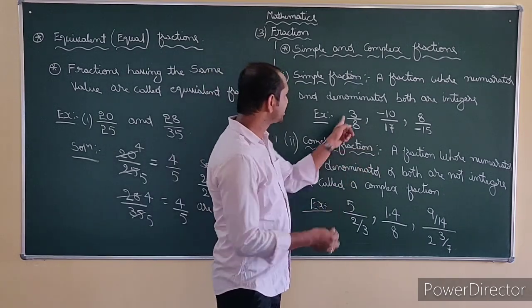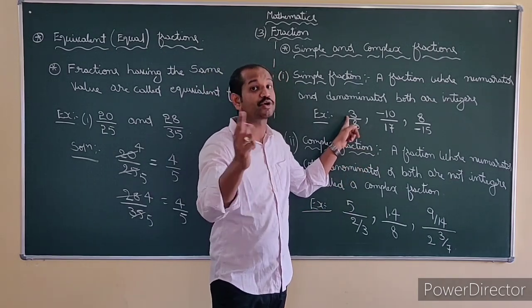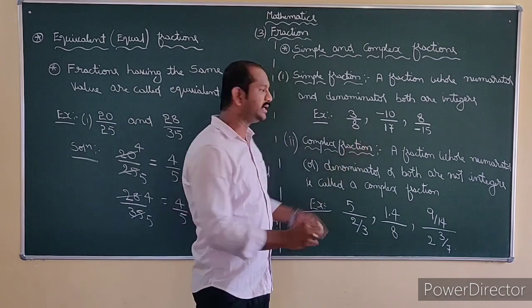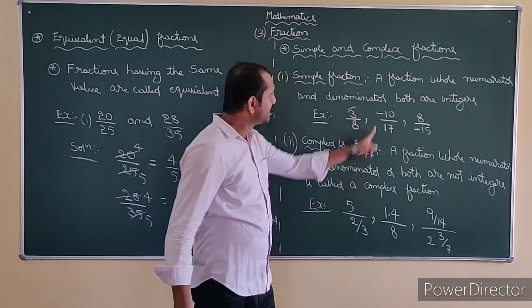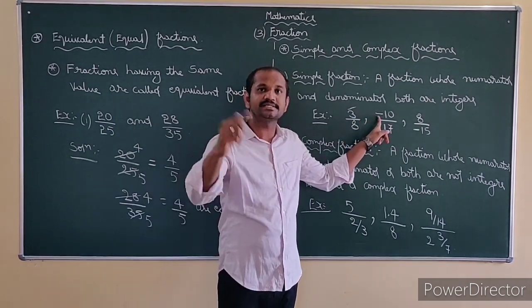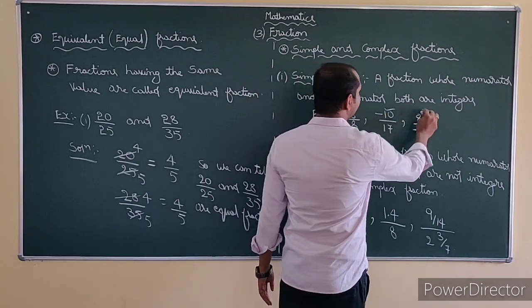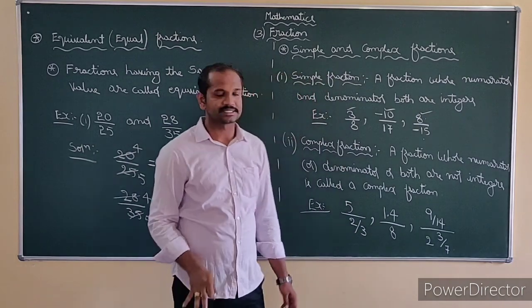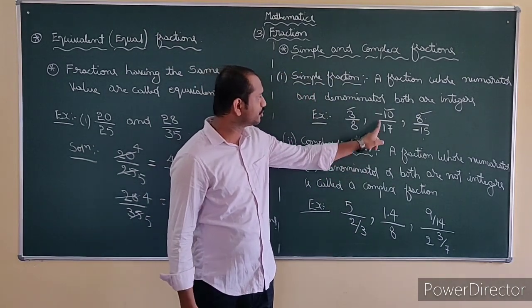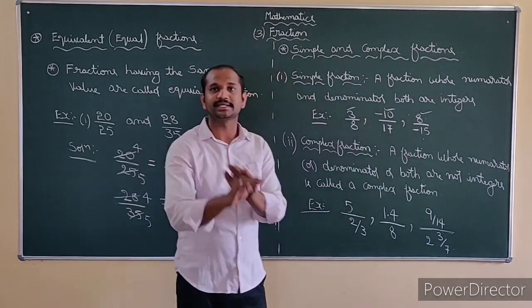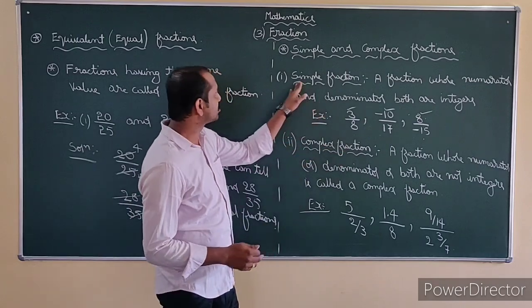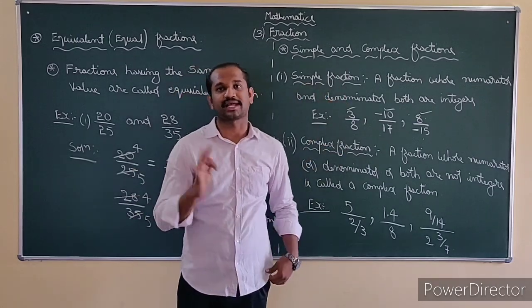See example: 3 is a positive integer, 8 is also an integer, so it is a simple fraction. Minus 10 is a negative integer, 17 is also an integer. 8 by 50, both are integers. Hence it is called a simple fraction.